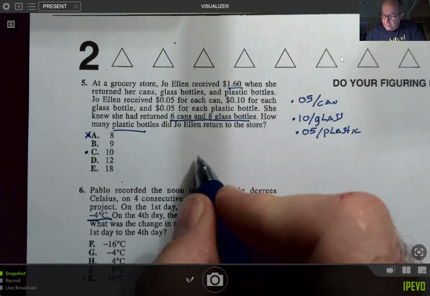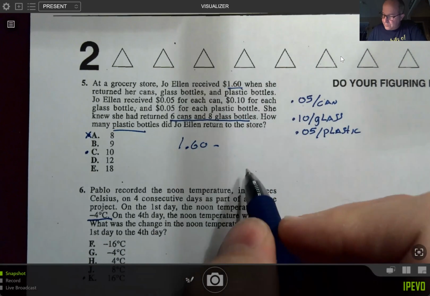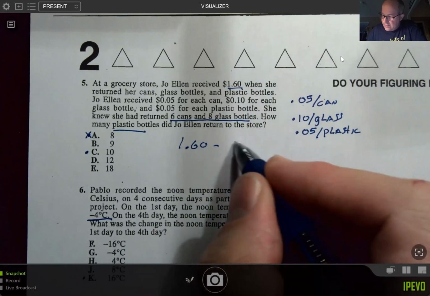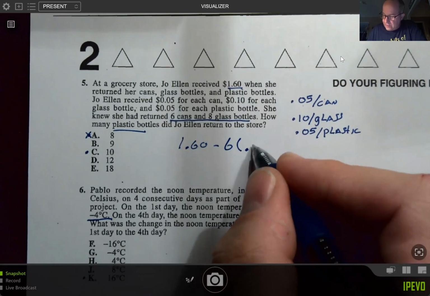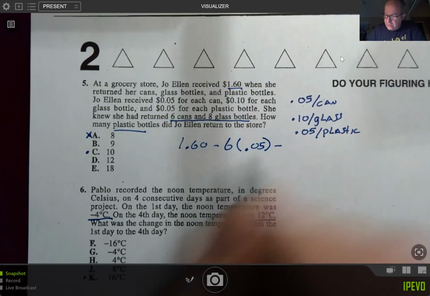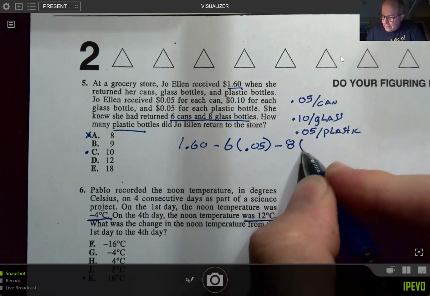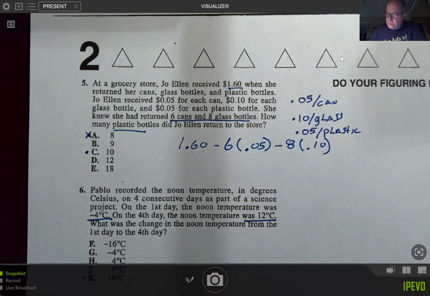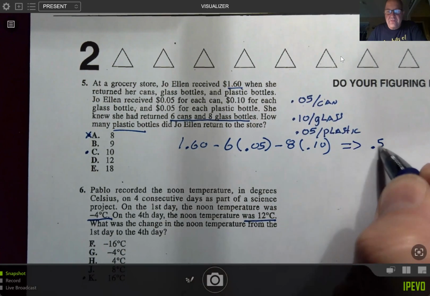We're going to take the $1.60 and we're going to subtract the 6 cans that she returned. We got $0.05, right? A nickel per can. We're also going to subtract the 8 glass bottles that she had. Now, when we do that, we wind up with 0.50, right? 50 cents.